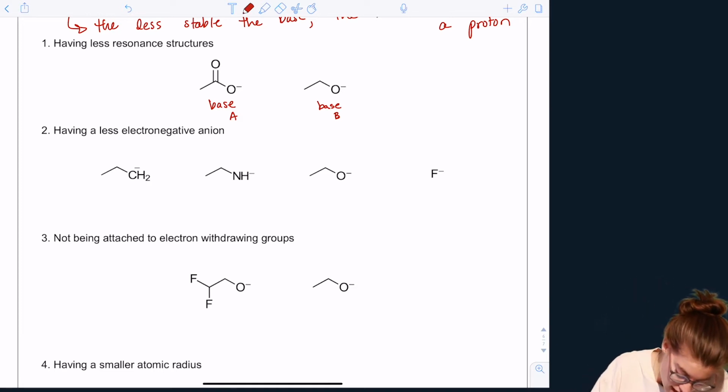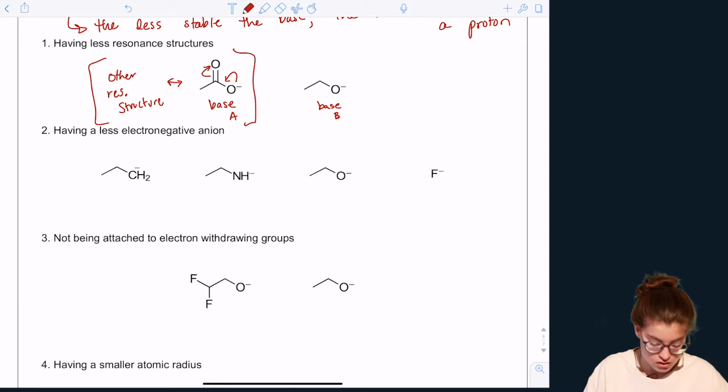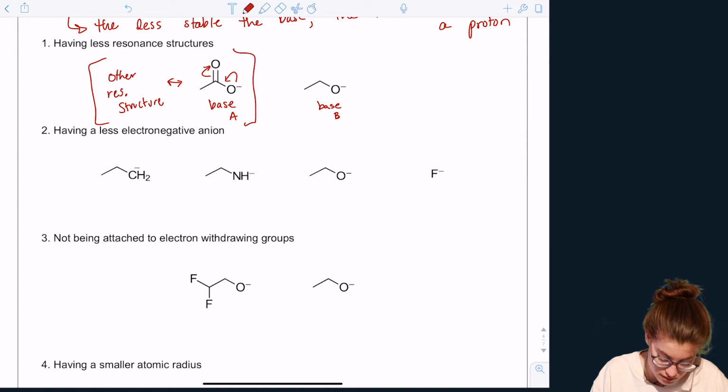Well, base A has resonance, so I'm just going to say other resonance structure because I'm a little bit lazy. We've already drawn these, right? So base A has resonance stabilization.